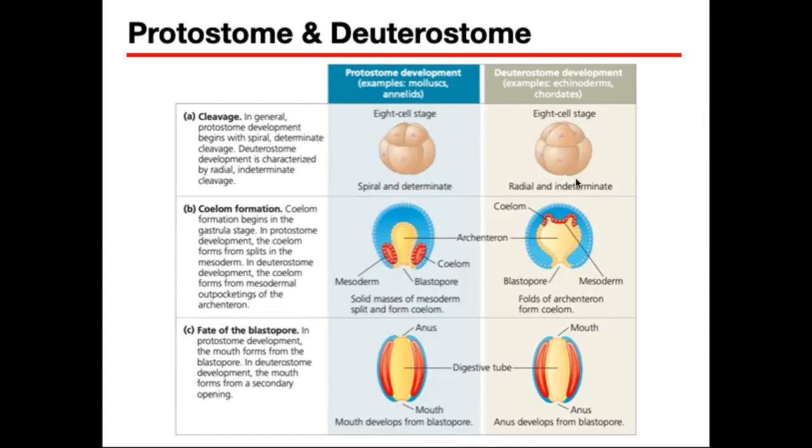Okay? That's indeterminate. As this progresses, take note of what happens. It will create what we call the blastula, and this blastula over time will have a hollow region with a body cavity.